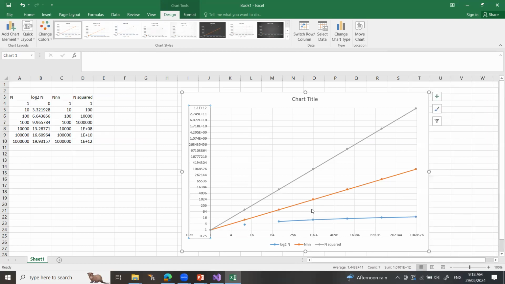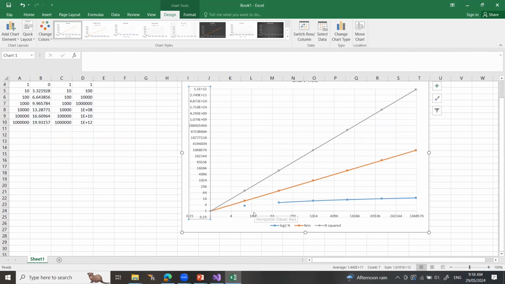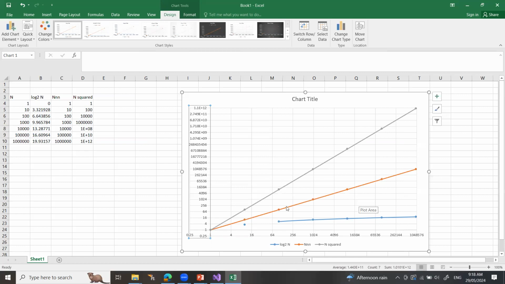That's just formatting the axes, so it'll be easier to see. I want you to notice, what does this look like to you? This is what I call a log axis. It's easier to see, I hope.